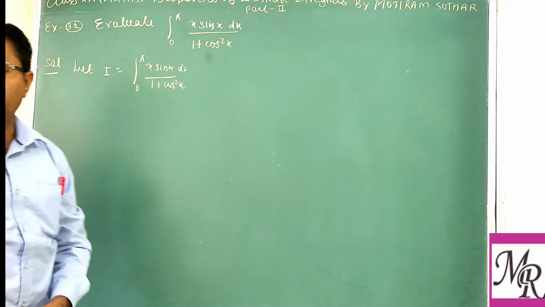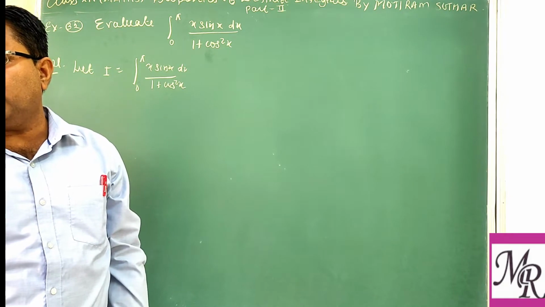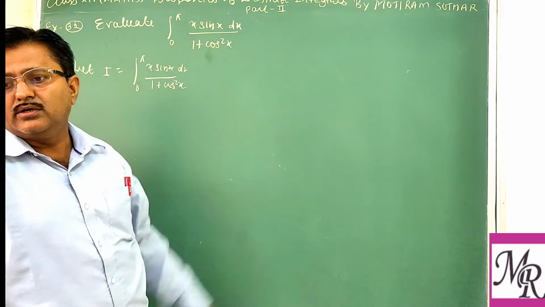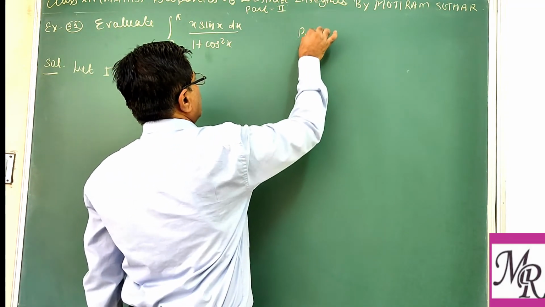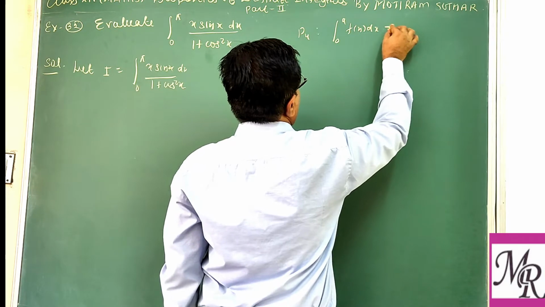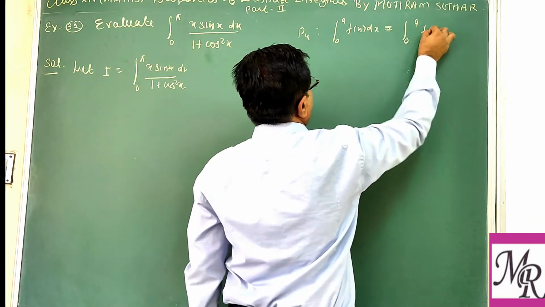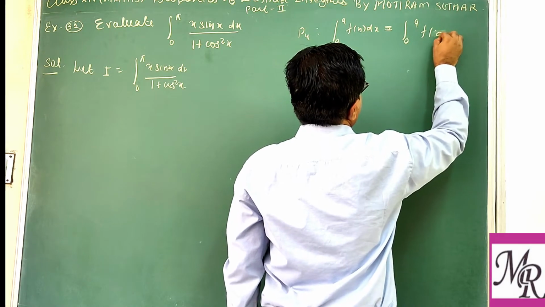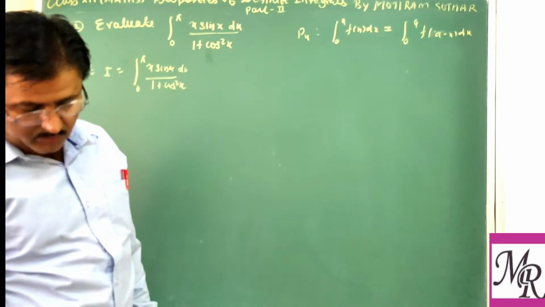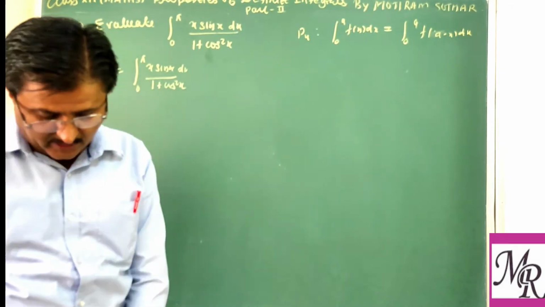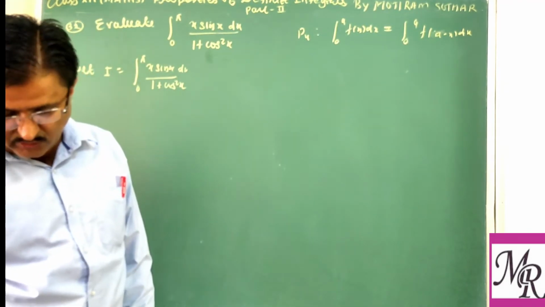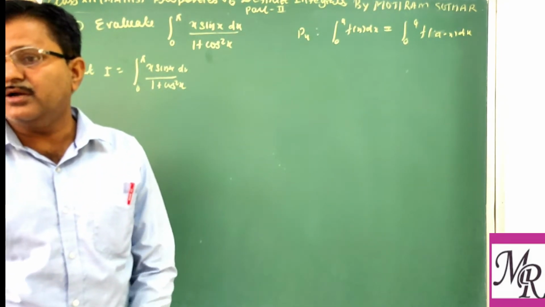So here we have to use the property P4. Why are we using P4? As you know, the P4 property says that the integral from 0 to a of f(x) dx can also be written as the integral from 0 to a of f(a minus x) dx.